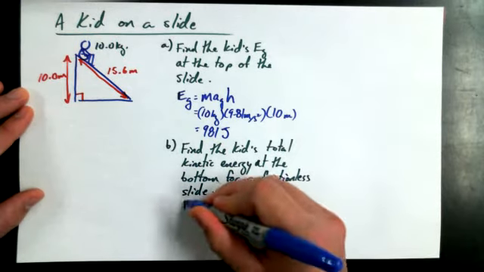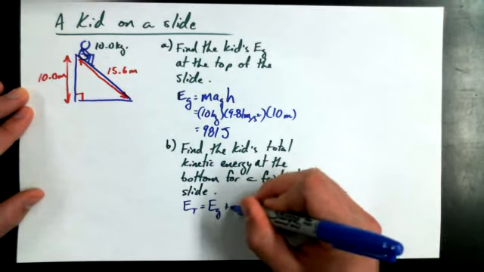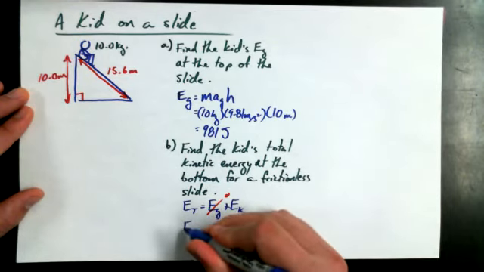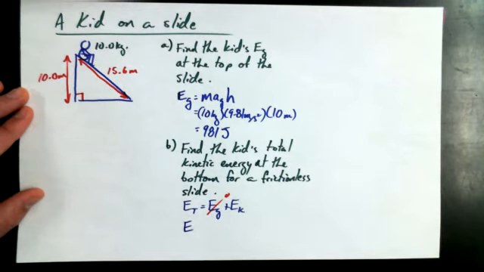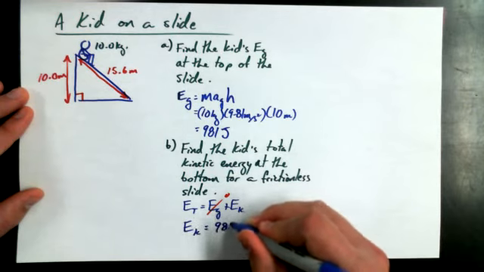You could say that E total is equal to EG plus EK. What's EG equal to at the bottom? Zero. So I know Chris already had his hand up. What's EK at the bottom, Chris? Beauty. So E total didn't change, and at the beginning, E total was all wrapped up in EG, so now EK is equal to 981 joules.